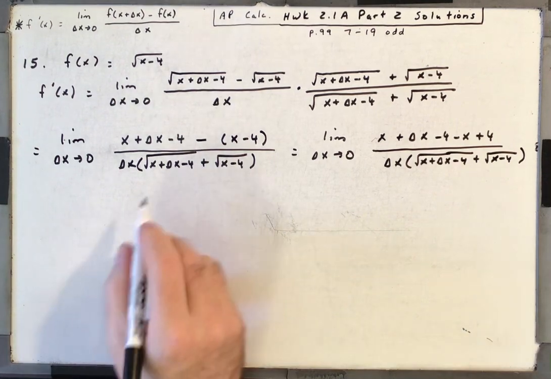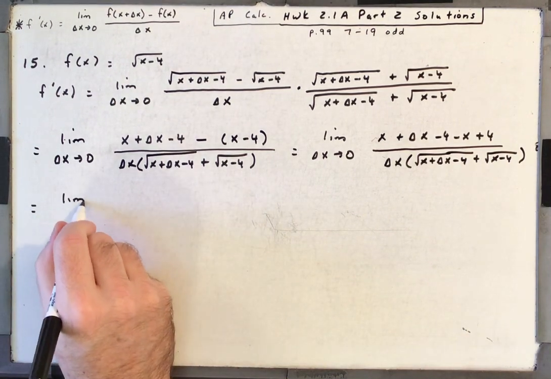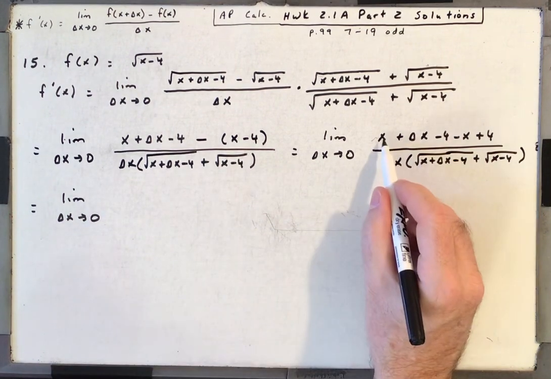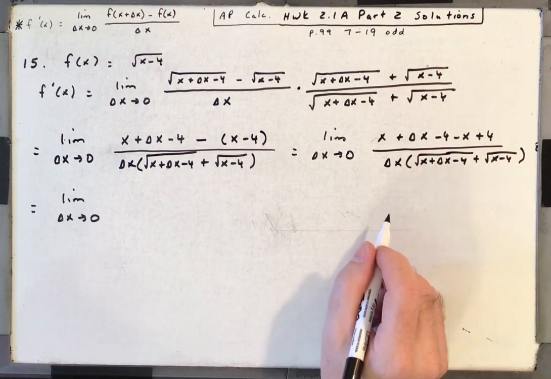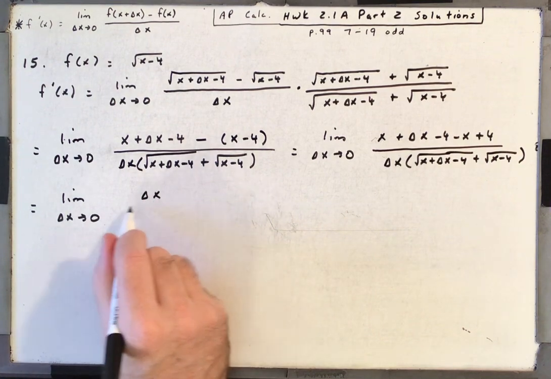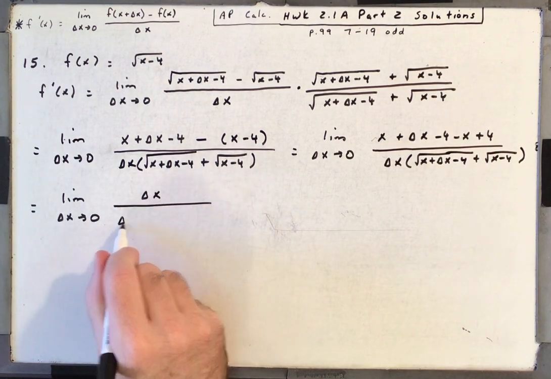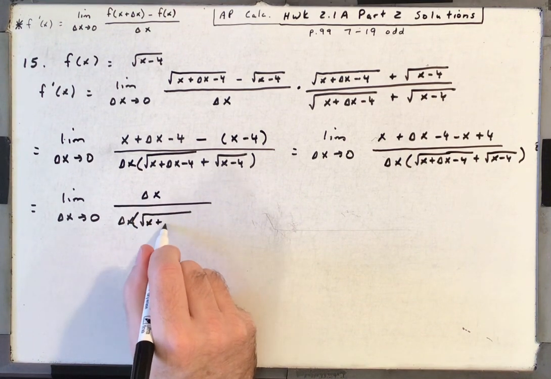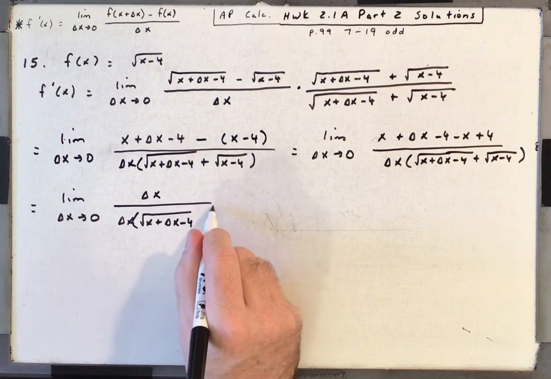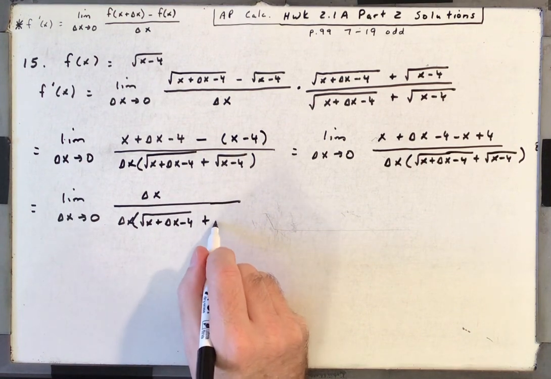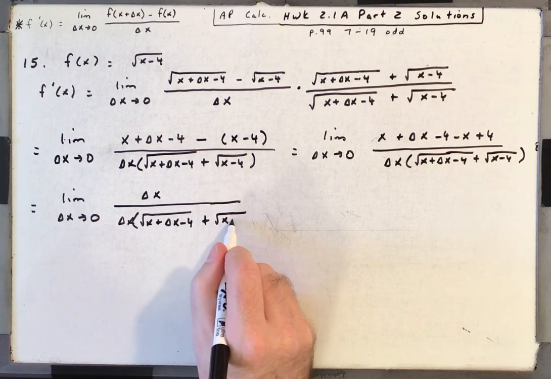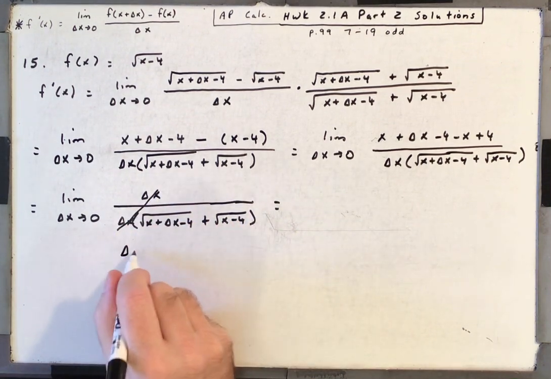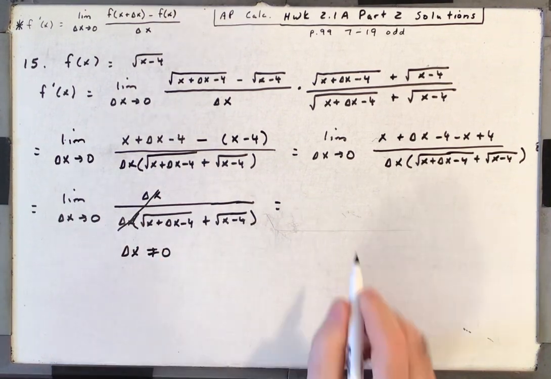Okay, so now we have the limit as delta x approaches 0. The top, the x's cancel, the 4's cancel, and all you're going to have on the top is delta x. On the bottom, you've got a delta x, and you have the square root of x plus delta x minus 4 plus the square root of x minus 4. Now the delta x's cancel as long as delta x does not equal 0.